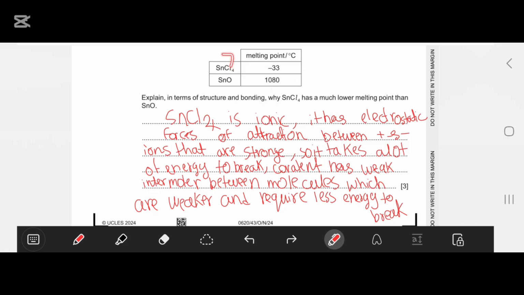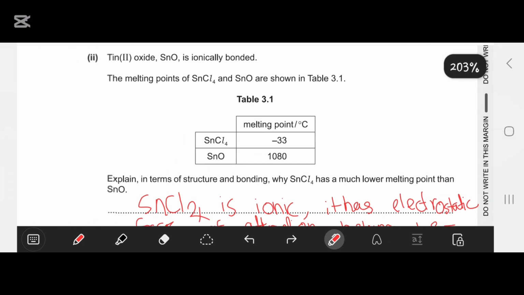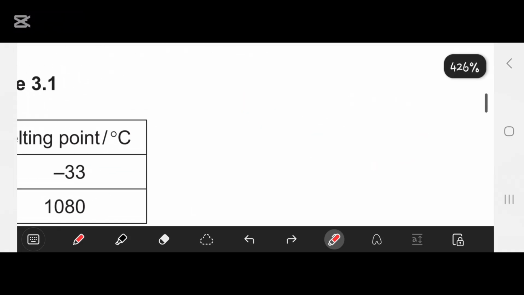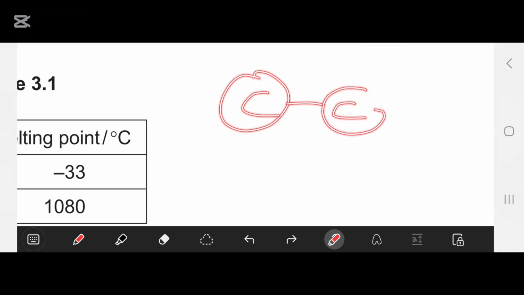Covalent compounds such as tin chloride have weak intermolecular forces between molecules. Remember, not covalent forces. A lot of you are confused between covalent and intermolecular forces. Covalent is between 2 atoms, for example, carbon atoms.